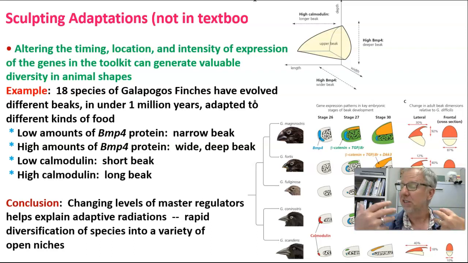So it doesn't necessarily take new genes. It just takes tweaking those existing genes and regulating what's going on. And again, I want to emphasize this point strongly, that a few decades ago, again, I make reference to when I was a student, the dogma was that new genes, different genes, were responsible for these kinds of changes.